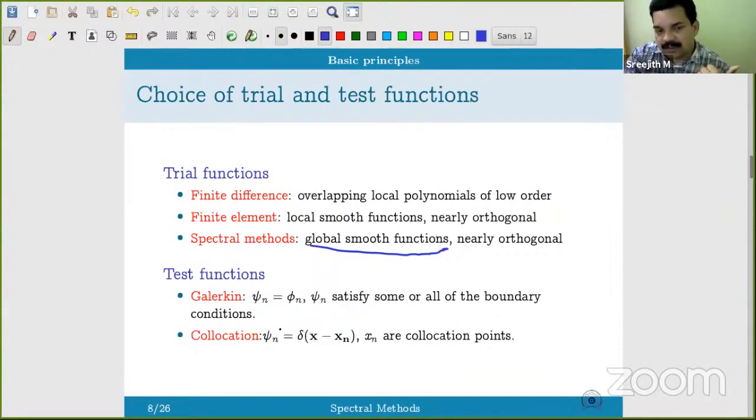That means the test function has got value only at grid points, and at all other points it has got 0 value.